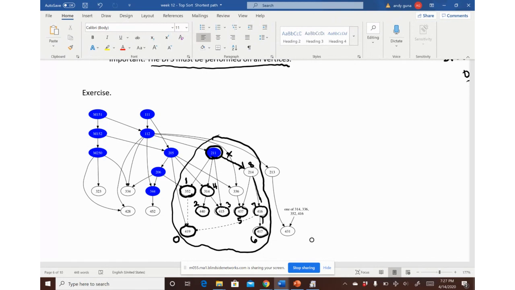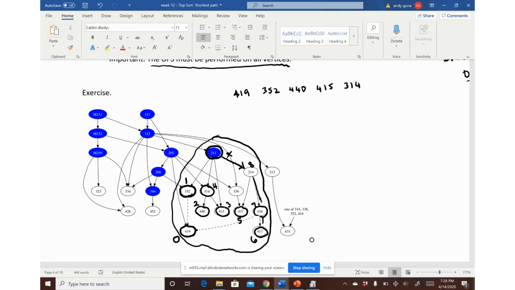And that's it. So if I draw the labeling, what I have is 419, 352, 440, 415, 314.